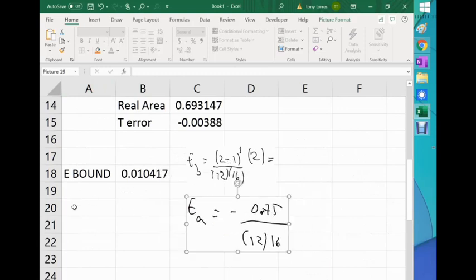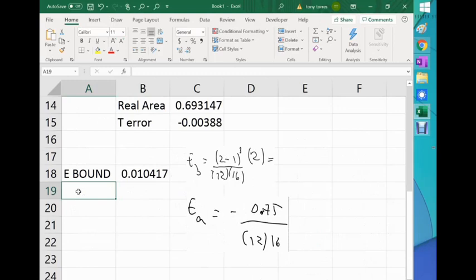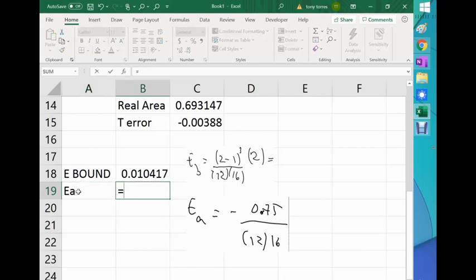So basically, the truncation error, if I write it here, the approximate value of the error in this case for truncation will be minus 0.75 divided by 12 divided by 16, and I got negative 0.0039.